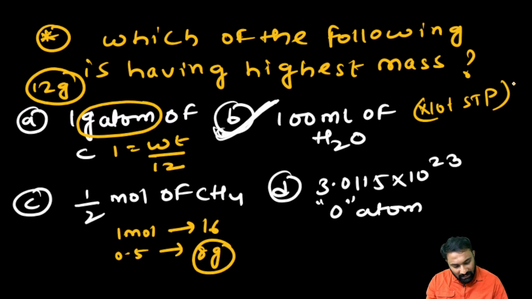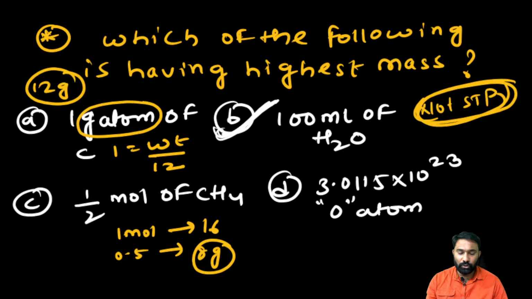My dear friend, already I have given that it is not STP condition. For the STP conditions, you cannot take that 22.4 liter formula. Next, here 0.3115 into 10 to the power 23 oxygen atoms is asked.